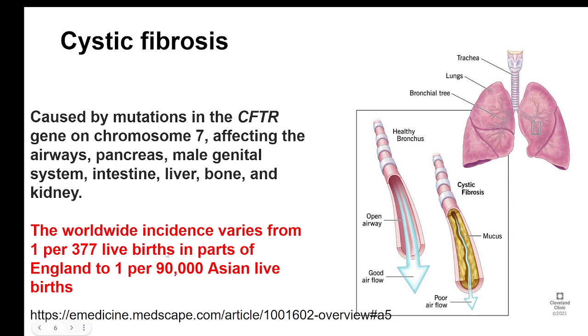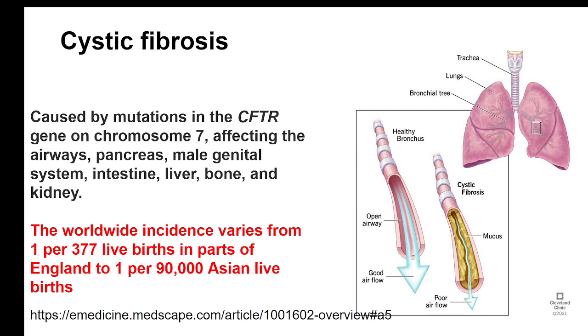whereas in Western countries it is more common, more frequent. It is caused by a specific gene on chromosome 7, also called the CFTR gene, cystic fibrosis transmembrane conductance regulator. Whenever there is cystic fibrosis, the amount of pancreatic enzymes secreted is lesser, particularly the trypsin enzyme would be either absent or lesser.